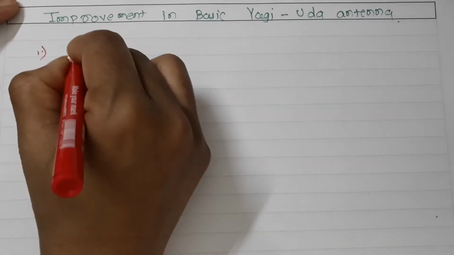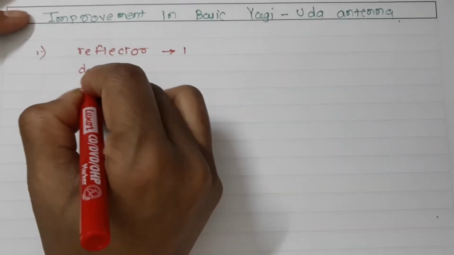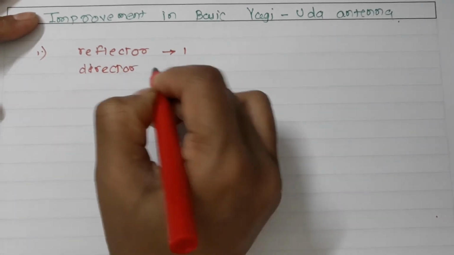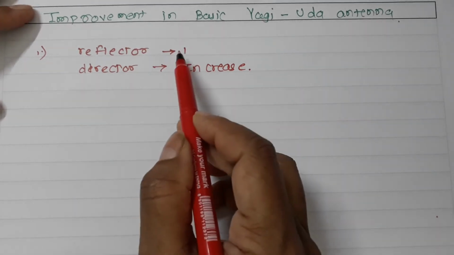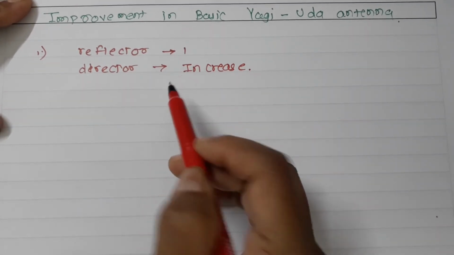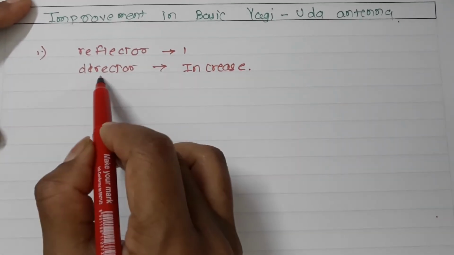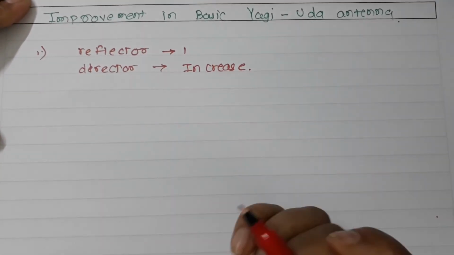You can increase the number of elements to increase the directivity. Only one reflector needs to be used, as the addition of a second or third reflector adds practically nothing to the directivity. So increase the number of directors. The directivity is improved considerably by adding more directors, so it increases from 9 dB to 15 dB.